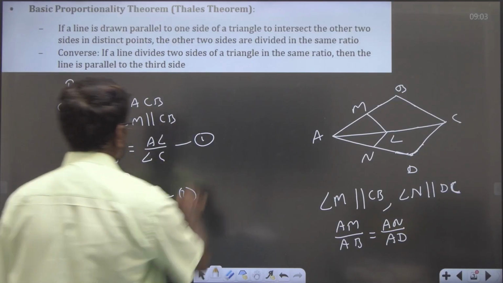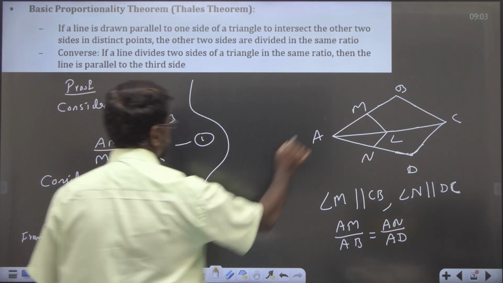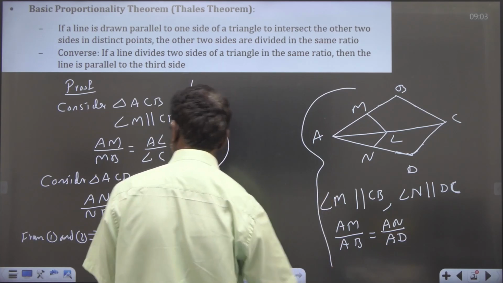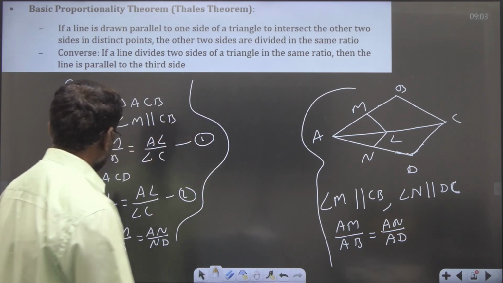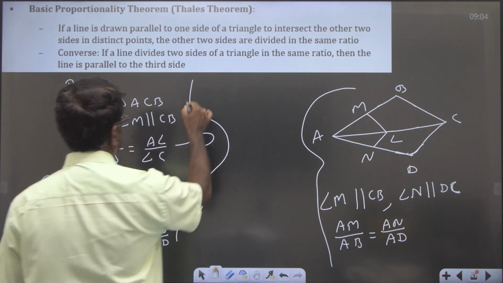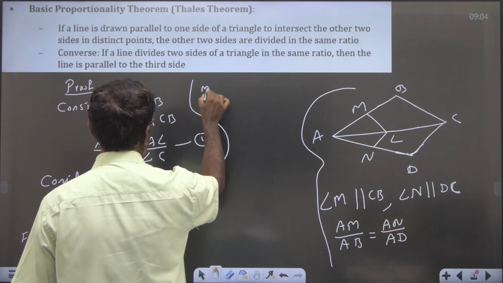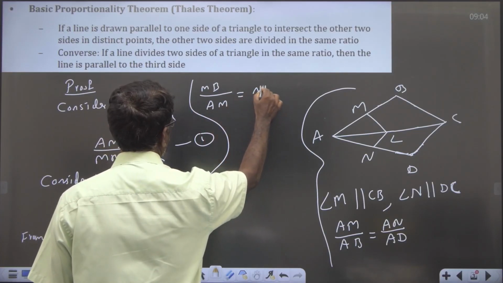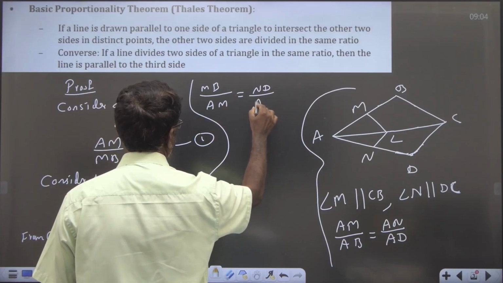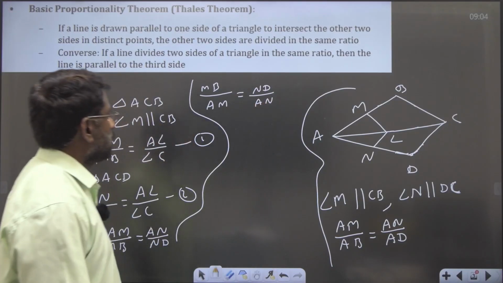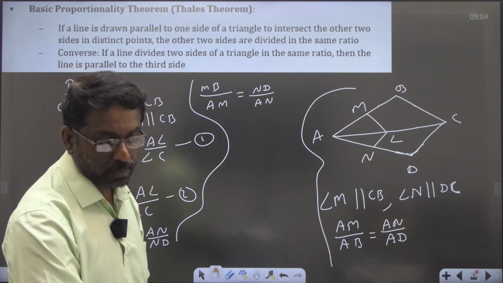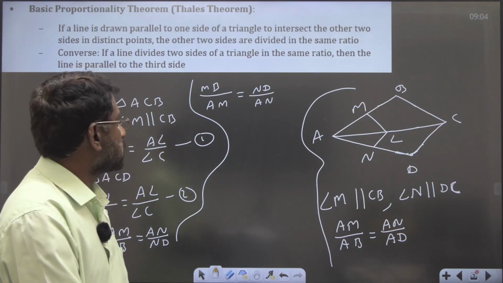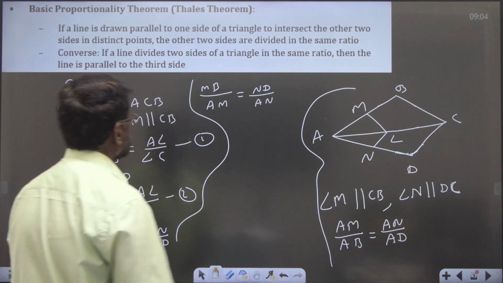Therefore, I can write the remaining steps here. Take reciprocals. MB divided by AM is equal to ND divided by AN. Add 1 on both sides.